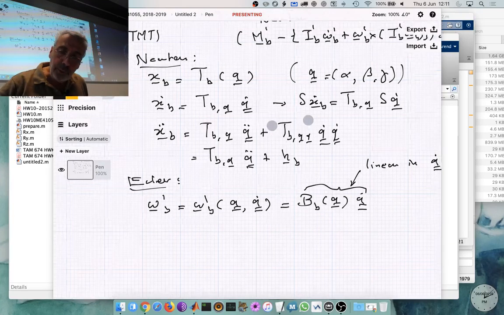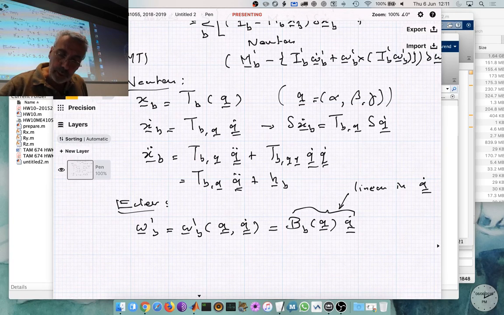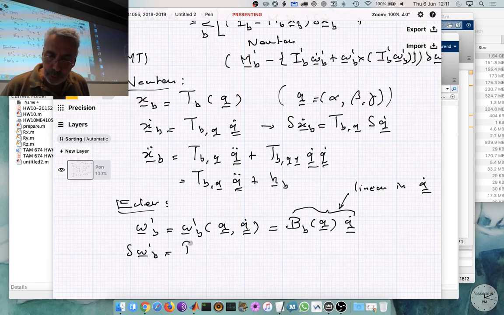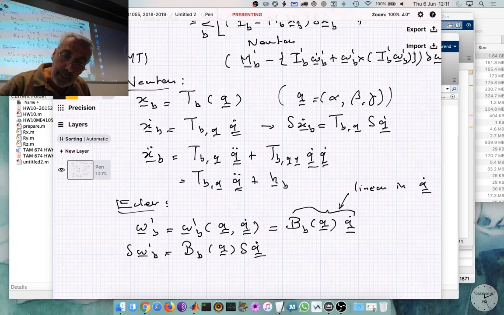Now, what do we need for these Euler equations? Well, we need this omega. Then we need the virtual angular velocities. Again, that is super simple. That's just B of Q times delta Q dot, just put a virtual in front of it. And here I need, of course, the angular accelerations.